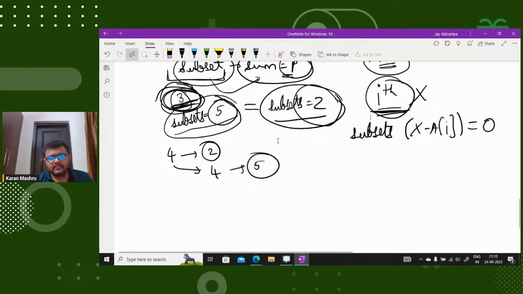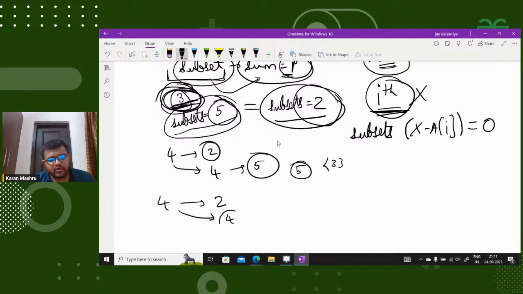Understand this. Suppose there are 4 subsets whose sum is equal to 2, and I want the subset sum equal to 5, and I want to include an element 3 which is there in the array. So the number of such subsets will also be 4, because in each of these subsets I'll add plus 3 to each subset which has sum 2. Okay, so I'll add plus 3 and the sum will become 5.